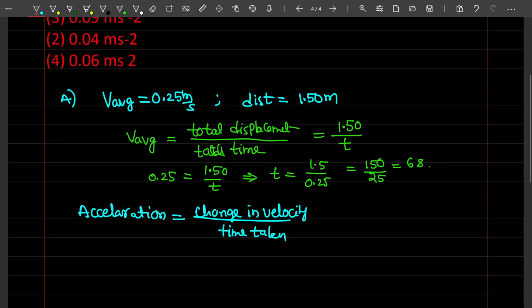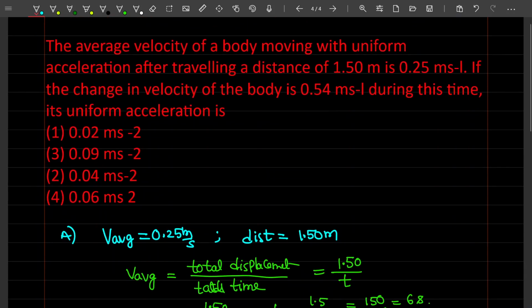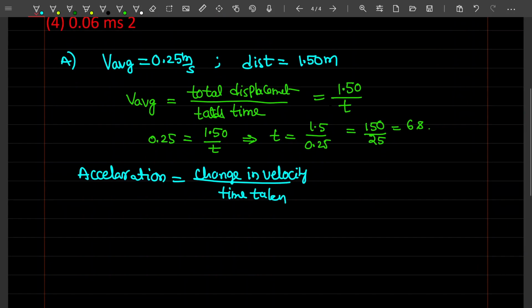Given change in velocity value here 0.54 meter per second, so I can write 0.54 meter per second divided by time taken. Just now we calculated 6 seconds.